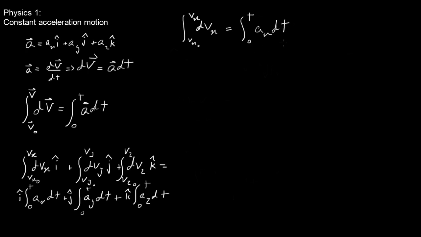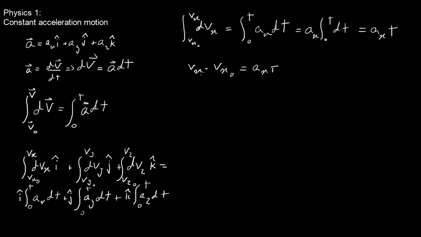Now ax is a constant, so I take it out, ax integral from 0 to t of dt, and this is just ax t. From 0 to t it's t minus 0, so it's t. Now this here is vx minus vx naught equals ax t.